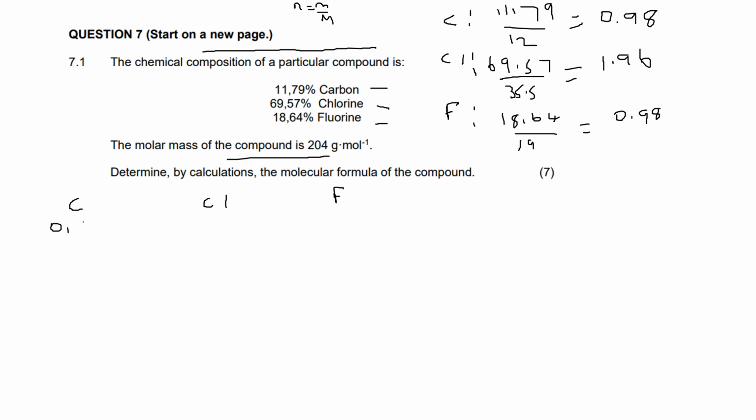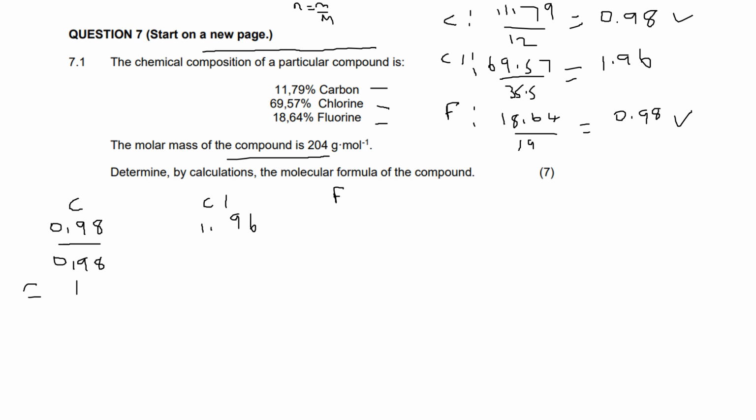Our smallest number in the 3 answers was 0.98. So you divide everything by 0.98 because that's our lowest value. Same number dividing same number gives us 1. Then we go to the second one, which was 1,96.